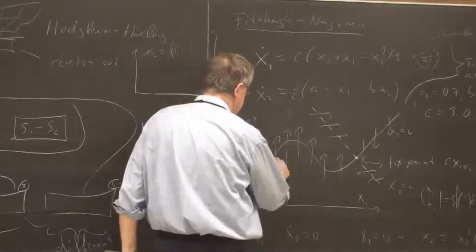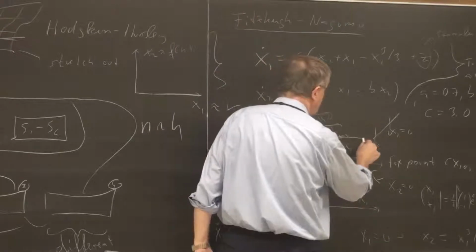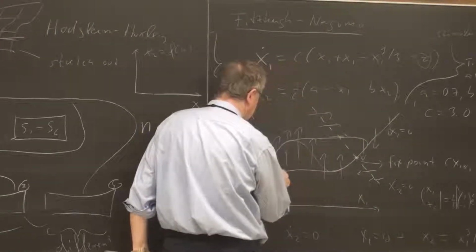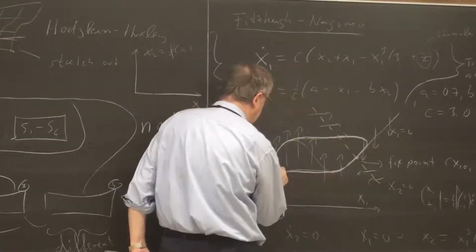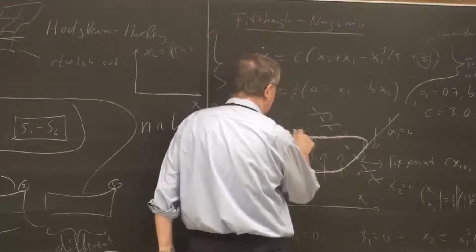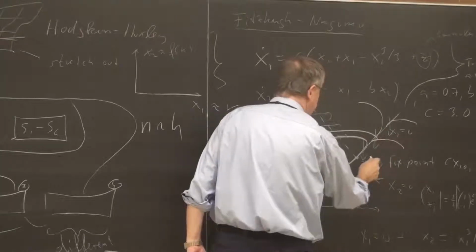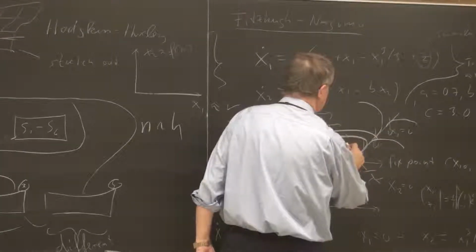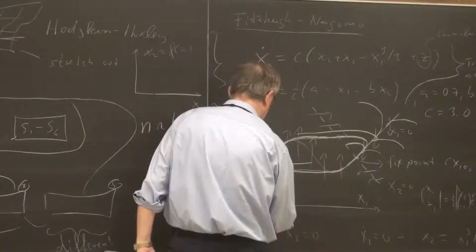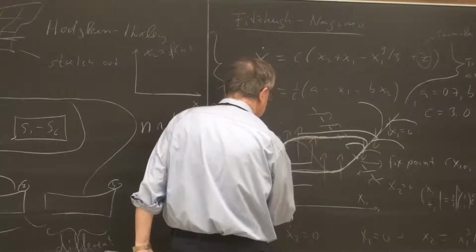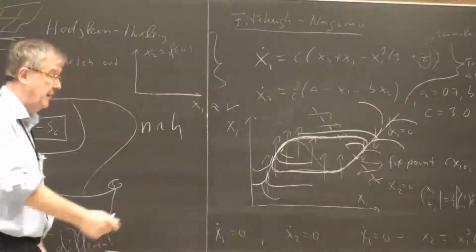Because the solution is that somewhere here, now I cheat already a little bit by putting something in here that is not so clear yet, there is a line that you call the limit cycle, and all your pasta goes around like this, and everything goes to the limit cycle eventually. So the pasta goes around the limit cycle.